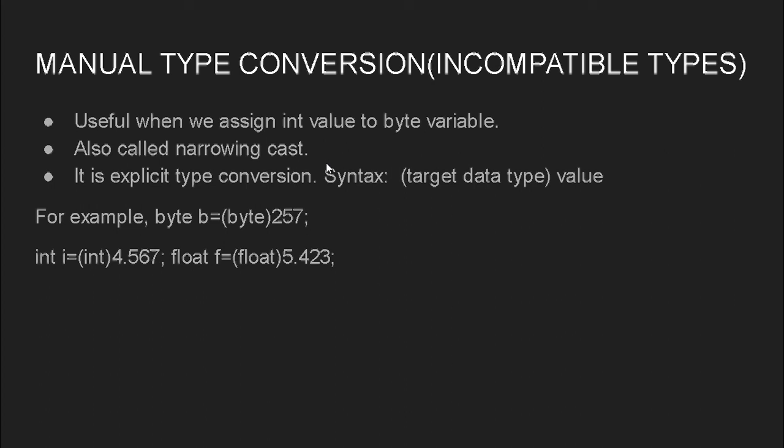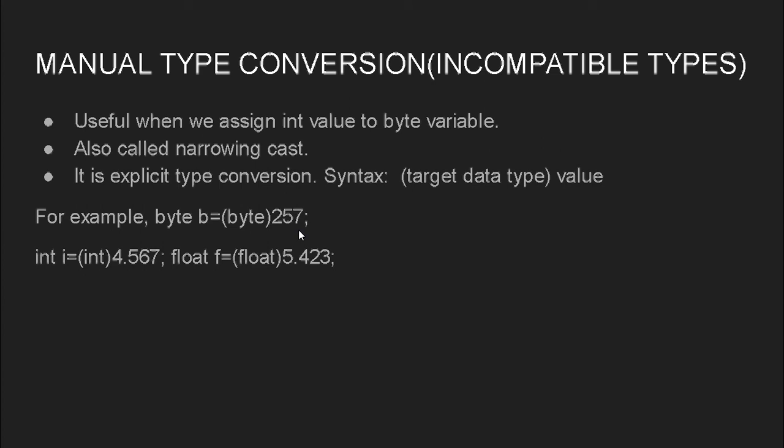So this is the explicit type conversion, and this is the syntax. First, we open the parenthesis, then write the target data type name, close the parenthesis, and after that write the value. This is the example we are using here. For example, here I'm writing 257. If you remember from two tutorials ago, I discussed that the range of byte is from minus 128 to plus 127.